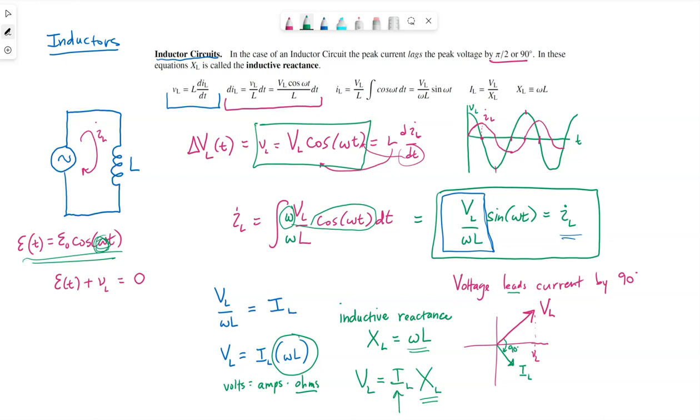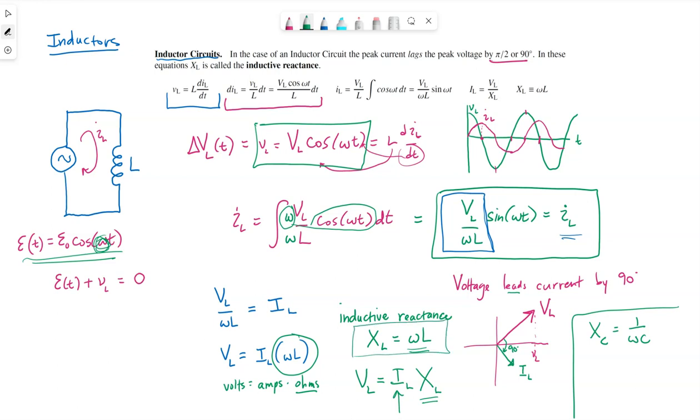Now, if you recall a capacitor, so over on the side here, with the capacitor, we found X sub C was 1 over omega C. There was an inverse relationship between the angular frequency and the capacitive reactance. As omega got bigger, X sub C got smaller. The inductor is opposite.